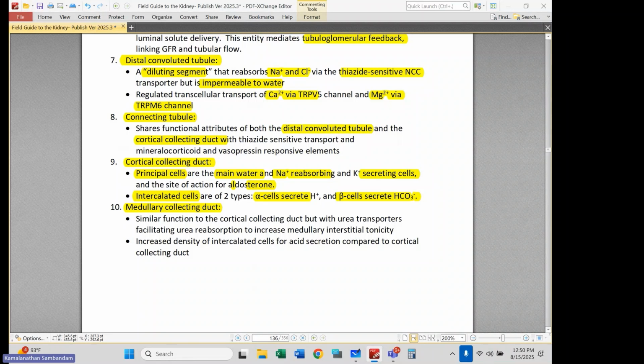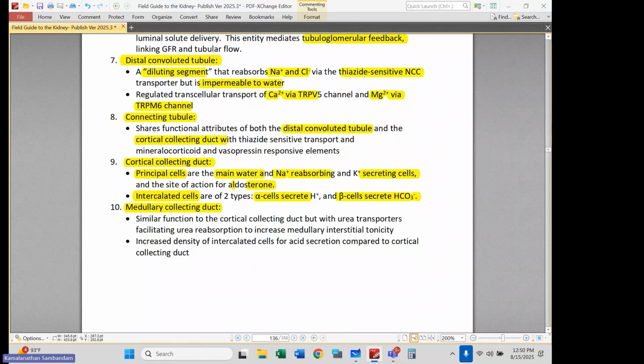And it turns out that at least if you're a rabbit and you're put on a mostly alkaline diet, most of the intercalated cells are actually base secreting cells. So these cells have the ability to, let's call it, morph in order to achieve the acid-base balance that's required by the organism.